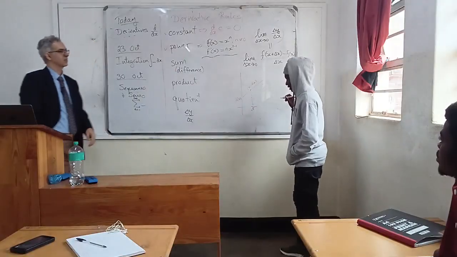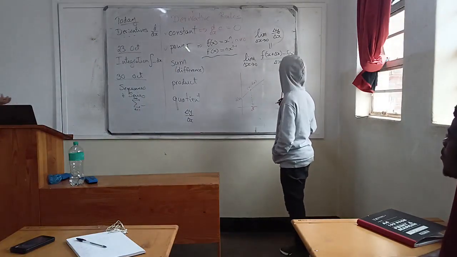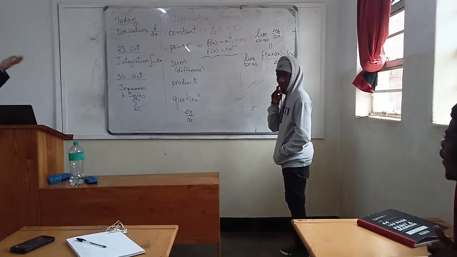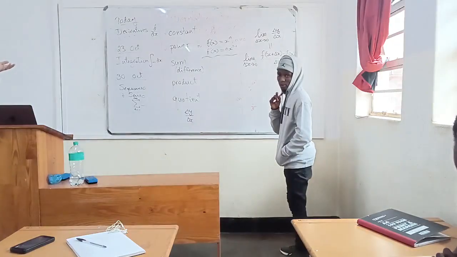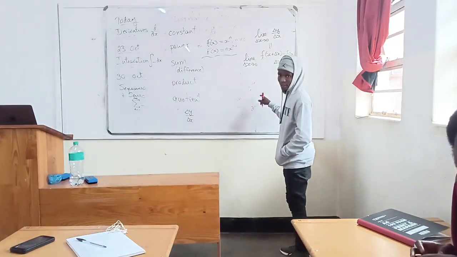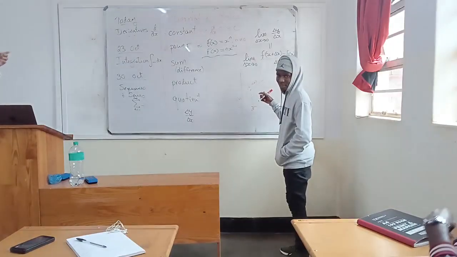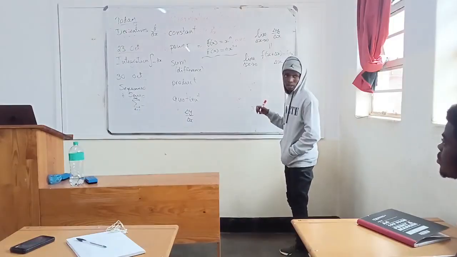Perfect. So the x value is x. The y value is the function, y equals f of x. Is it clear that f of x is the y value of the point?